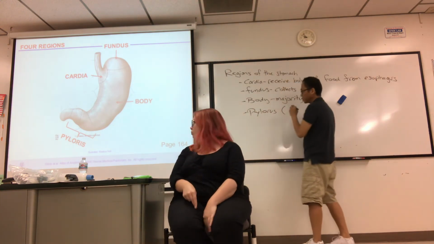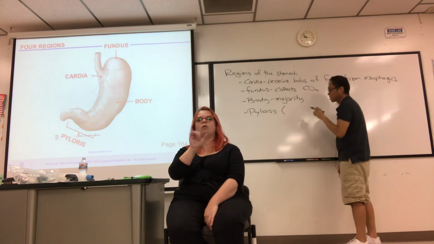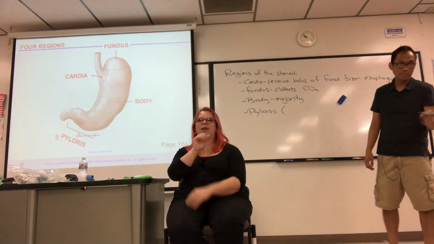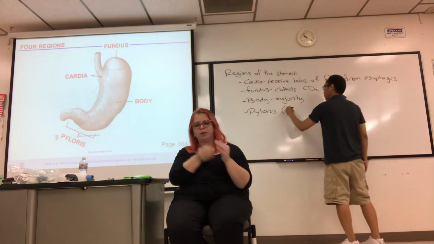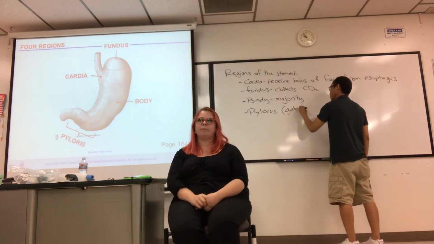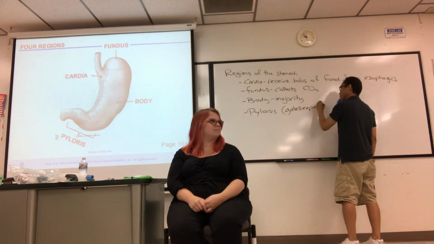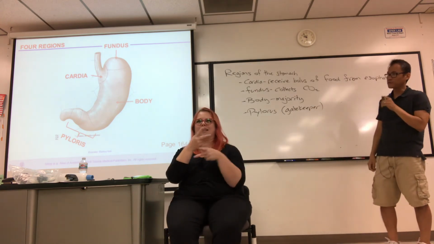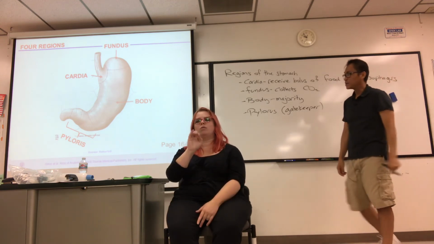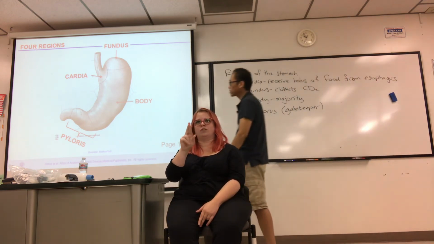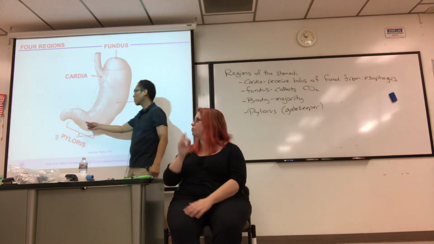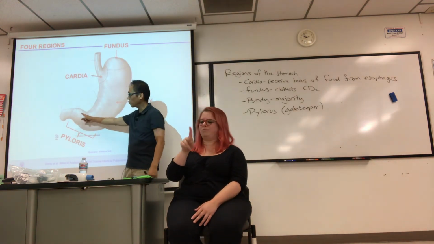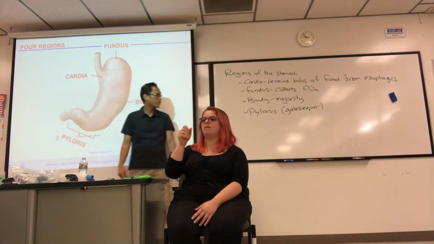Pylorus is a word that means gatekeeper, because this is going to guard the stomach acid from entering the duodenum. The physical gatekeeper is a structure called the pyloric sphincter. It's a very strong sphincter inside there. The kind of knobby looking appearance right there. That's where the pyloric sphincter would be located to protect the duodenum.